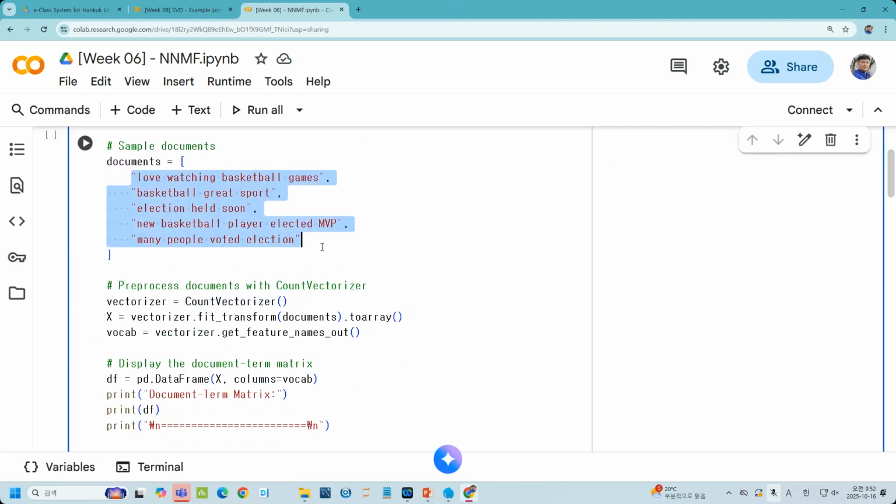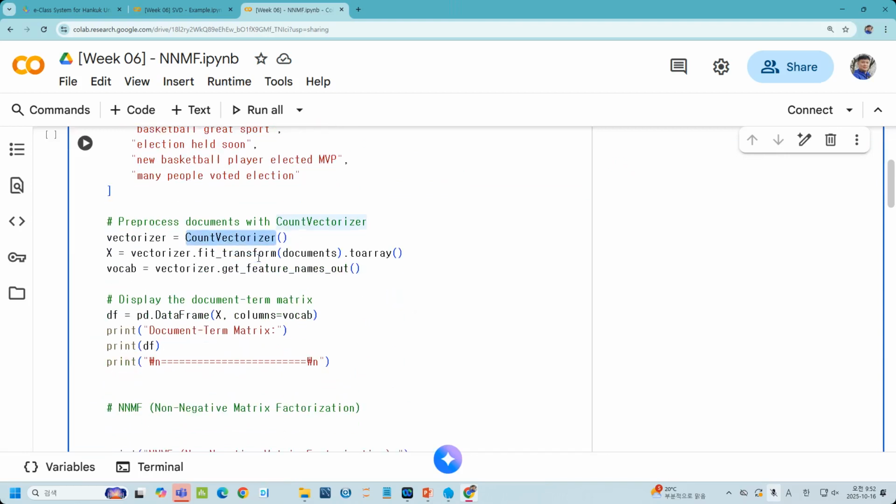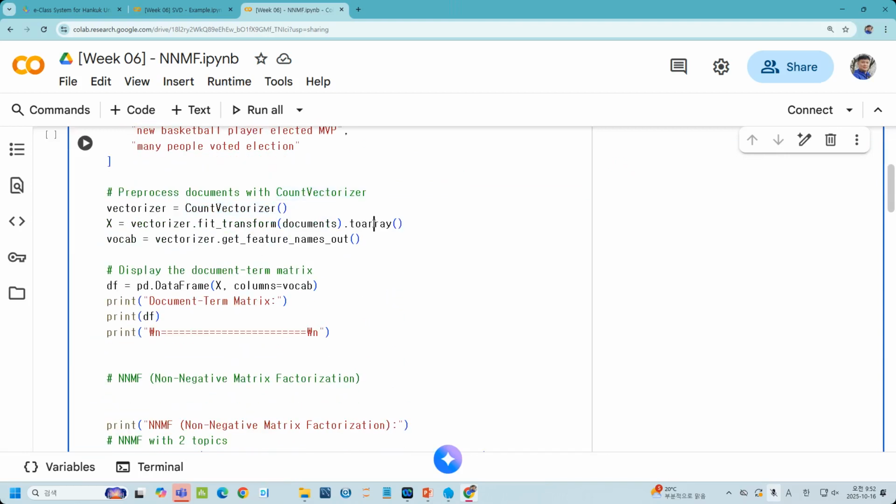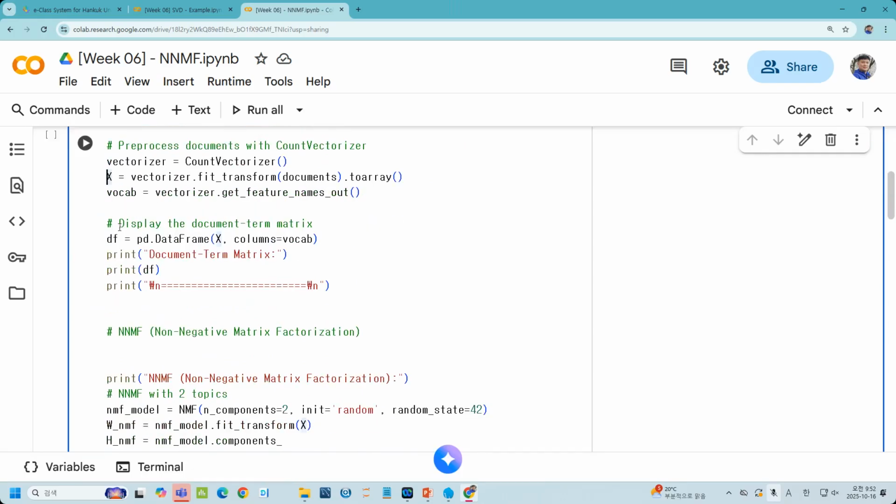So this is the document. We calculate the frequency and make the words into an array, and then we try to get the factorizer from the X.